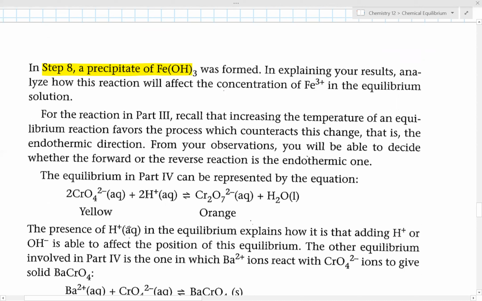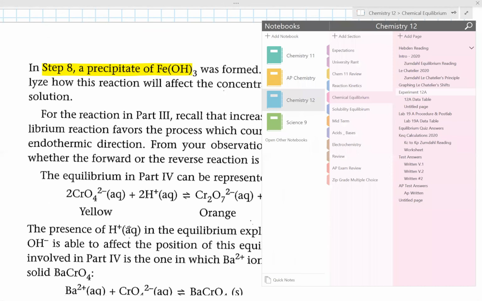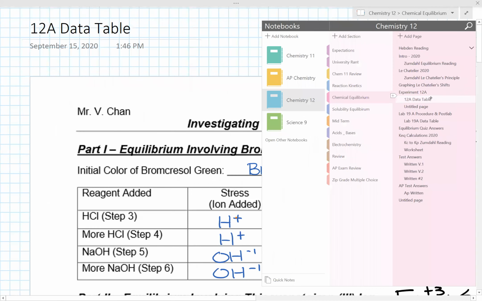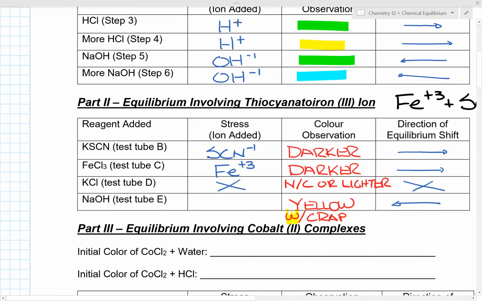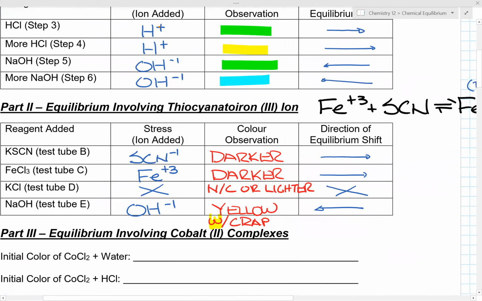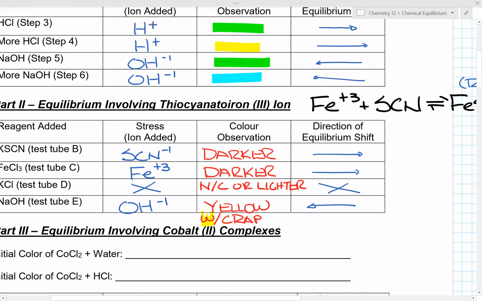Okay, so notice FeOH3 was produced. So in this case, what would be the stress ion? The stress ion would be OH minus 1. Why? Because the OH minus 1 will react with the Fe plus 3, okay, to form a precipitate.